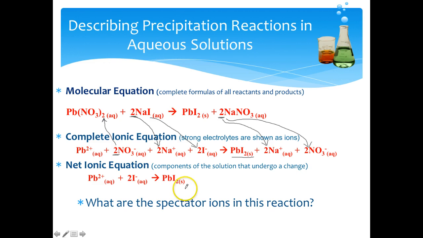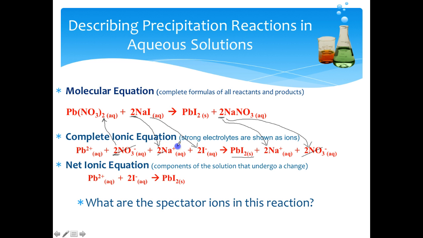Another way to do this is to look back at your complete ionic equation. Is the lead ion on this side and on this side? No. What about 2 NO3s? 2 NO3 minuses over here, 2 NO3 minuses over there. They are not part of the reaction. They have not undergone any kind of change. They're identical. Over here, 2 positive sodium ions, 2 positive sodium ions.